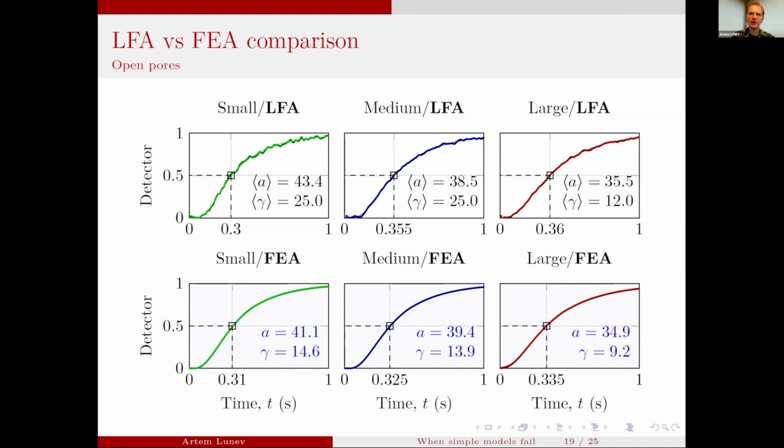For example, the same variation in thermal diffusivity for pores that have different size distributions is reproduced both in LFA and FEA. Although I must say that the gamma factor, which reflects the light absorption profile, this is the gamma factor in the Beer-Lambert law, is quite different. This was surprising for us.